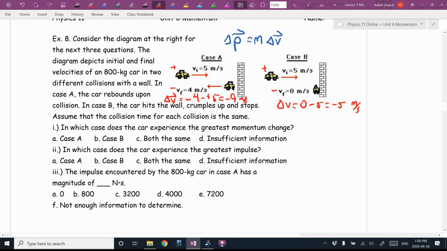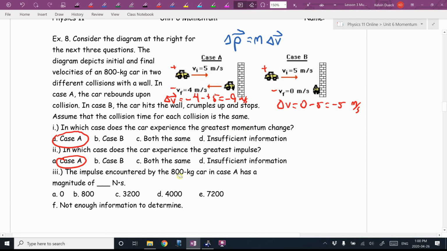You know what? Case A has the bigger momentum change because case A has the bigger change in velocity. That also means that case A has the larger impulse because impulse is change in momentum.